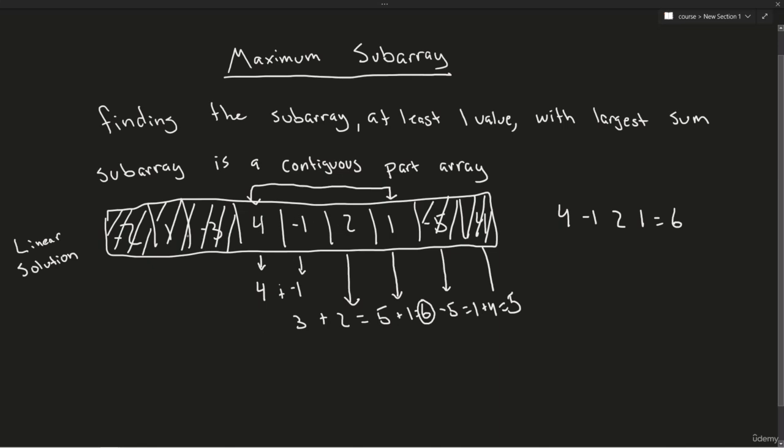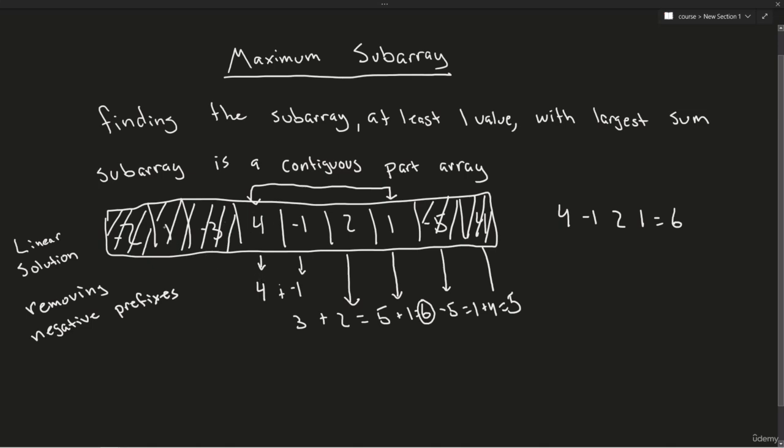So if we look at this, there was a common kind of theme that we were looking for. So we were removing negative prefixes, right? So what does that mean? It means that it doesn't make sense for us if we have a 1 value here to start out with a -2, so get rid of it. Or in this case where we had our 4, well, we had a -2 here, so that -2 was a prefix to the 4.